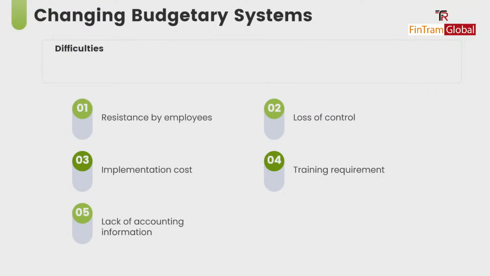When you change from one particular budgetary system to another, there would be resistance by employees, first of all. Resistance by employees, what does that mean exactly? Whenever a change happens, change is always kind of frightening if you think about it.